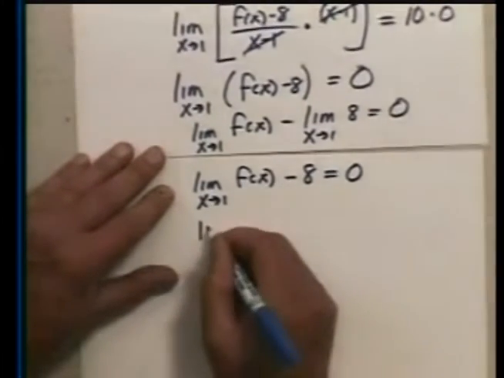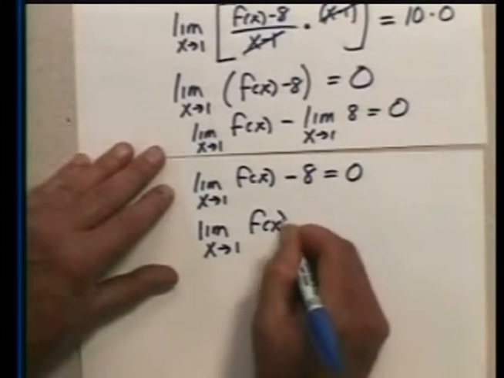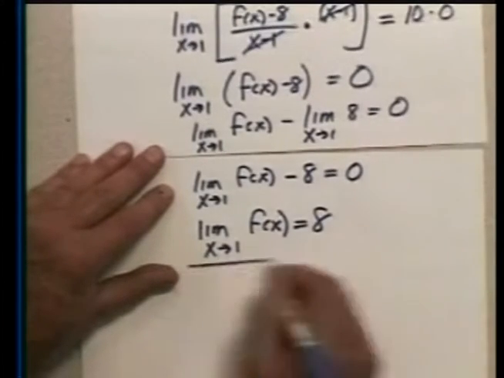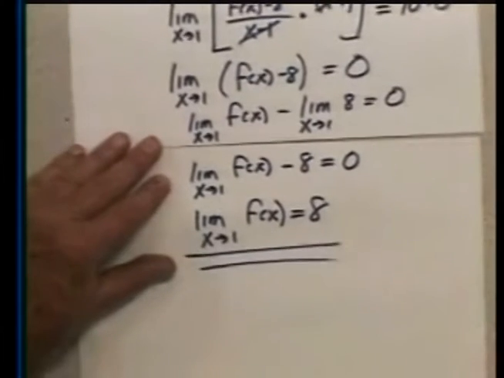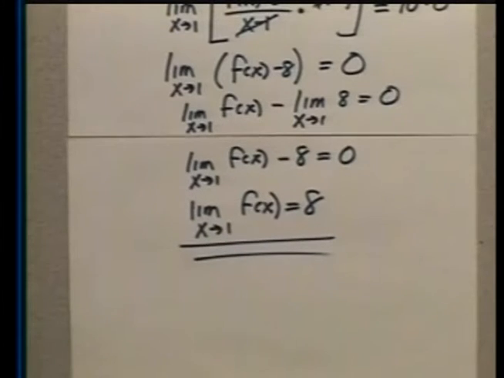Add 8 to each side. And I think I've answered the question. What is the limit of f of x as x approaches 1? It's 8. Did I ever find what f of x was? Nope. But I found its limit.